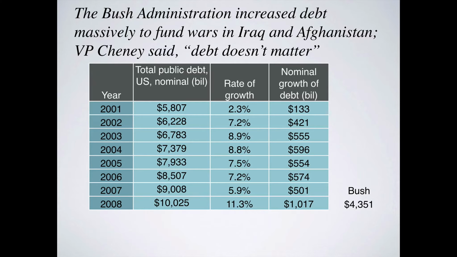Again, the rate of growth, though it starts off low, really picks up as we go, at 11.3%. That's much, much faster than the economy, which is not growing anywhere near that fast. And in fact, at the end of 2008, we enter the Great Recession, and the economy's growth slows and becomes negative for a time.